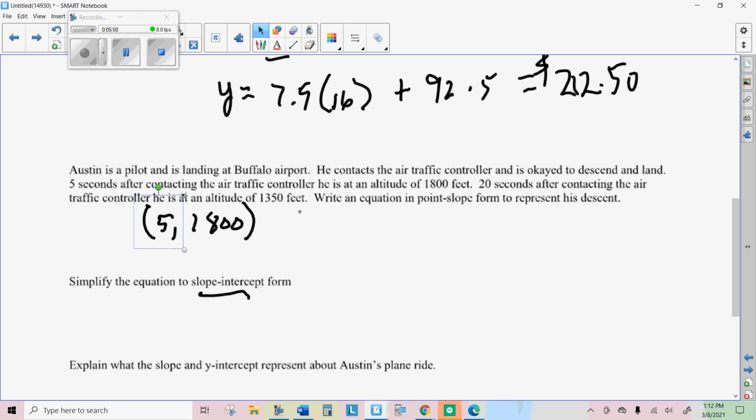So let's write that point. 20 seconds, he's at 1,350 feet. So go ahead and find the slope and write the equation in point slope form. And then change that by simplifying it to slope intercept form.